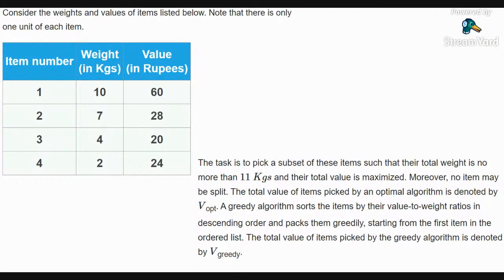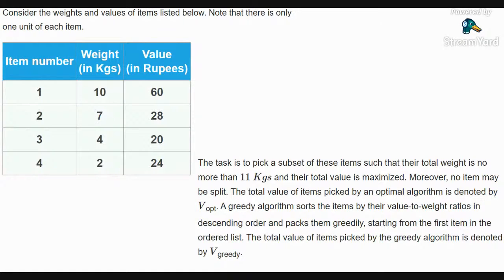That is maximum. Now, if you are using the greedy approach, which object is selected first? The fourth object is selected first because its value to weight ratio is maximum, that is 12. What is the value associated with the fourth object? It is 24.